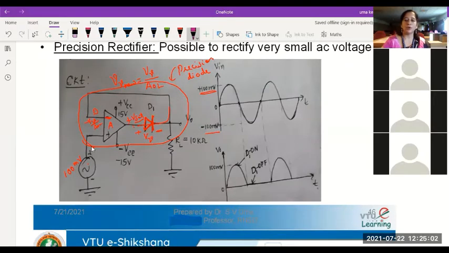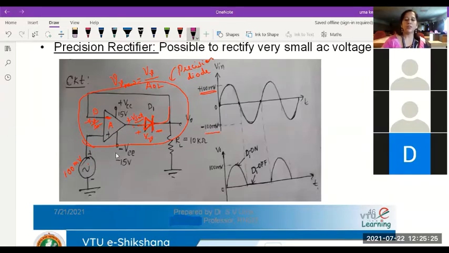This is the circuit of a precision diode: an op-amp, and a diode present in the feedback loop of this op-amp. The input signal is given to the non-inverting terminal of the op-amp, and the negative or cathode of the diode is connected to the inverting terminal to complete the negative feedback loop.